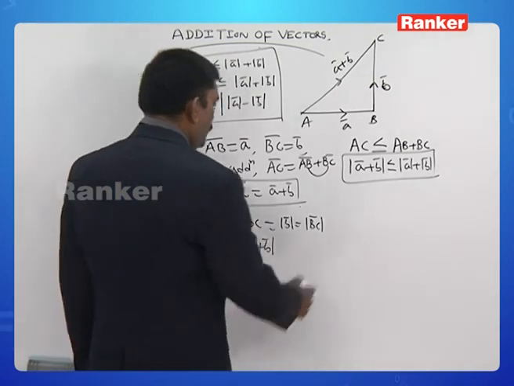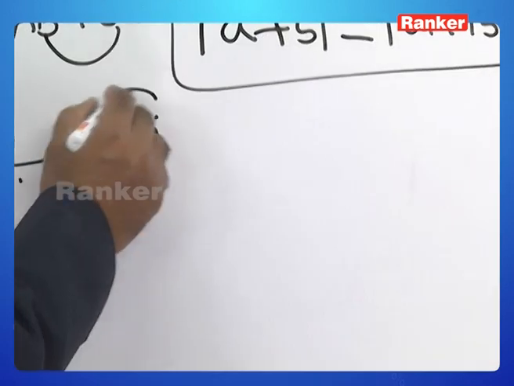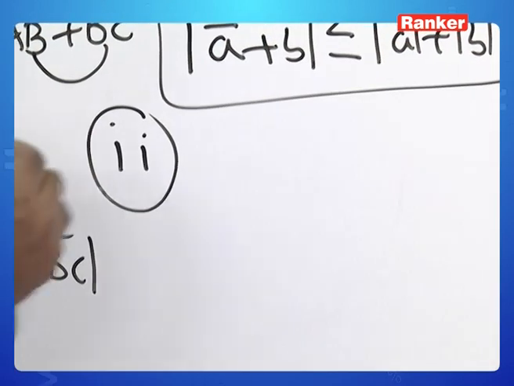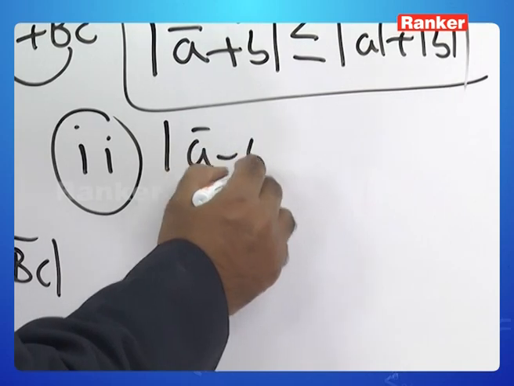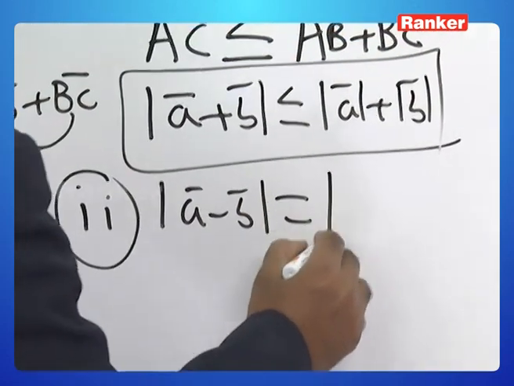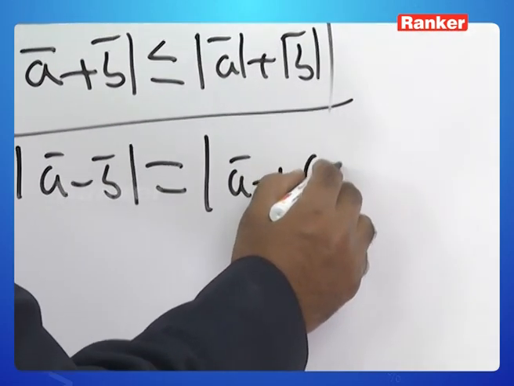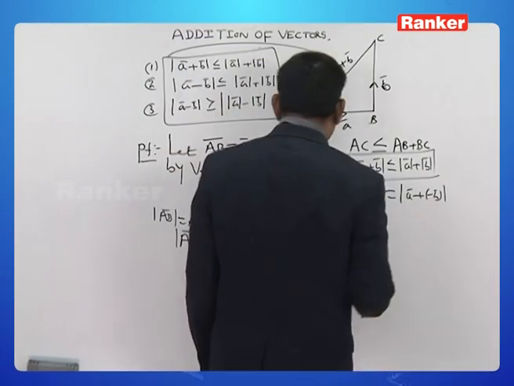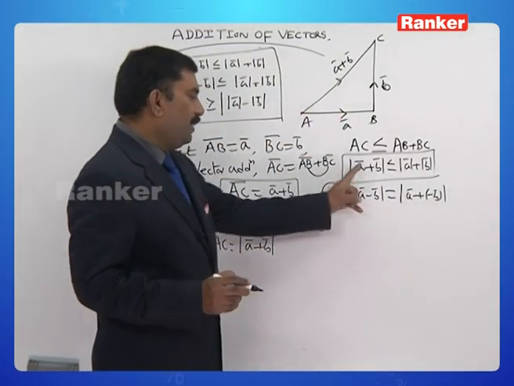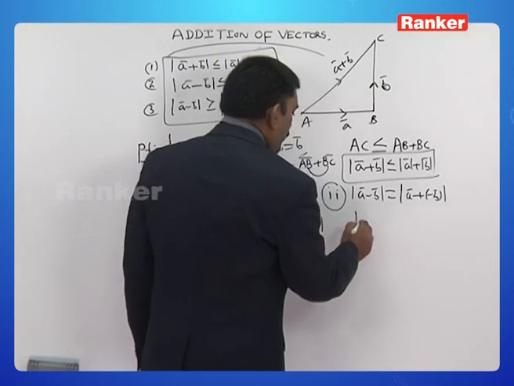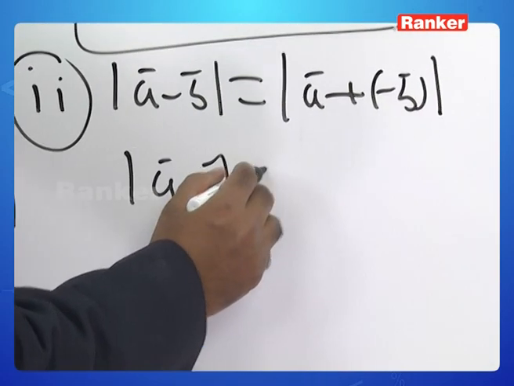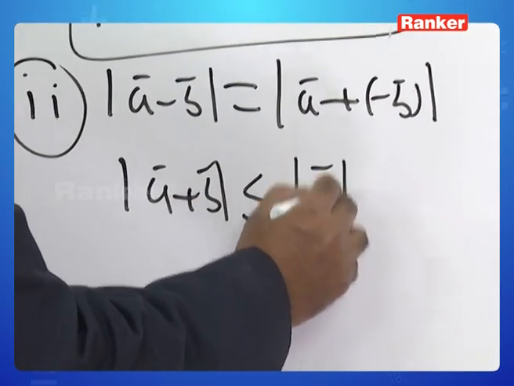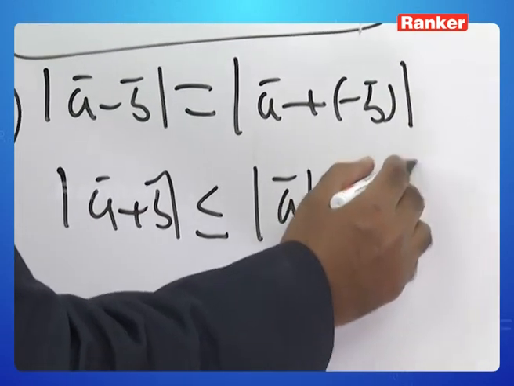In the same fashion, we can also go for the second one. Modulus of A bar minus B bar can be written as modulus of A bar plus minus B bar. By using this property, I can write modulus of A bar minus B bar is less than or equal to modulus of A bar plus modulus of B bar.